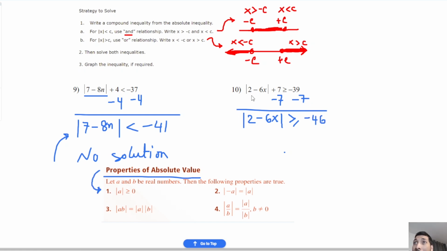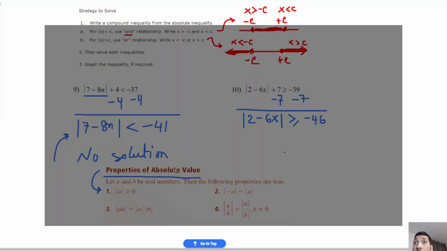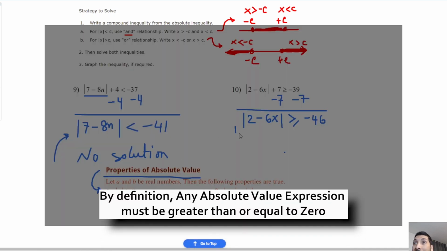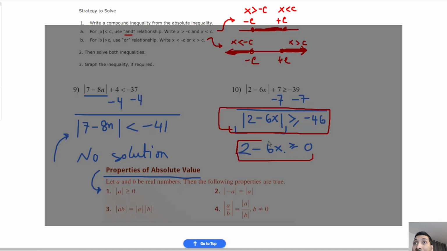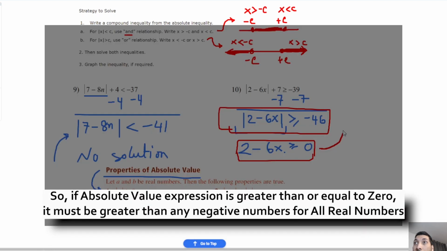Now here we see that the absolute value quantity of 2 minus 6x is greater than or equal to -46. From the properties of absolute value, we see that this must be greater than or equal to 0. Now greater than or equal to 0 is always greater than or equal to -46. So whatever expression is greater than or equal to 0 is always greater than or equal to -46. So this is true for all real numbers.